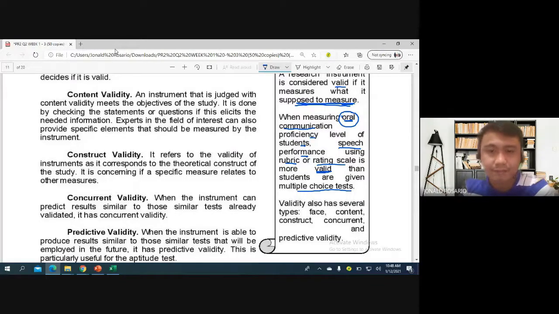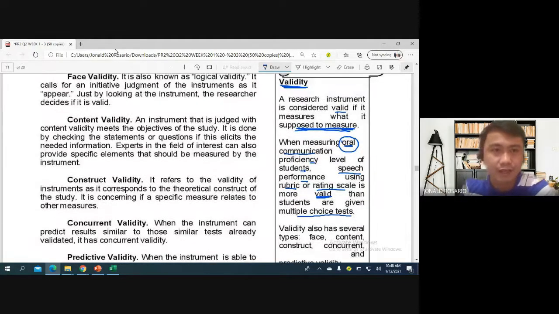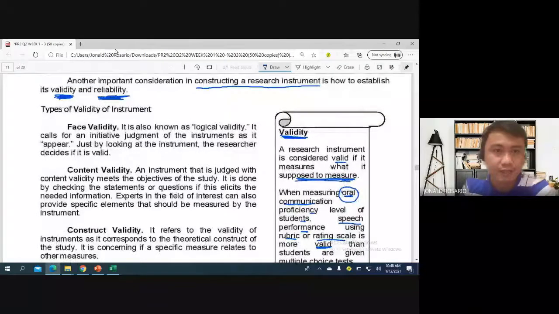So we have different types of validity of instrument. We have face validity, content validity. Pag sinabi nating face validity, ang gagawin lang ng researcher ay titignan lang niya yung instrument kung valid ba siya at saka siya magde-decide. Kaya nga face validity.